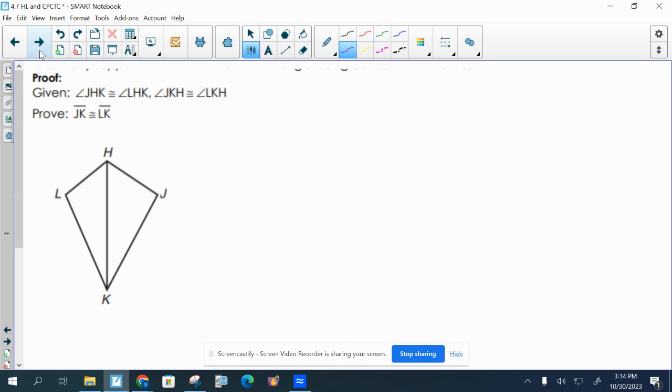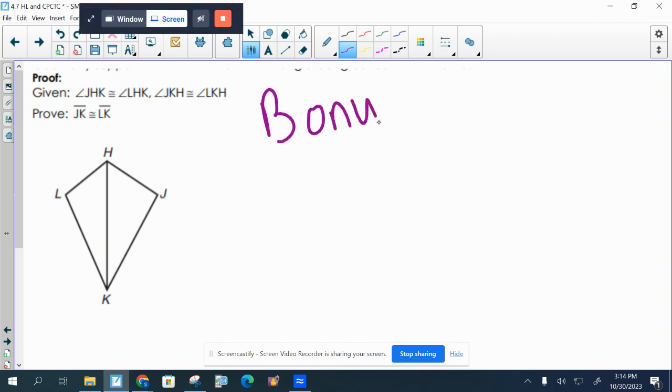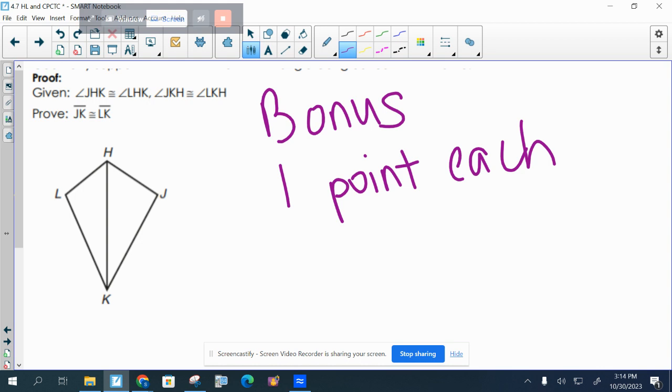Okay, a couple more proofs. Actually, what my notes say is that this is a bonus page. So bonus. We can do 1 point each. Okay.